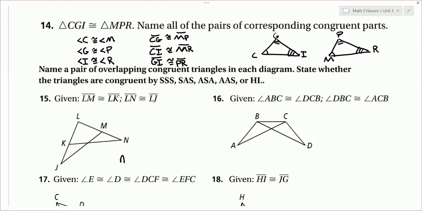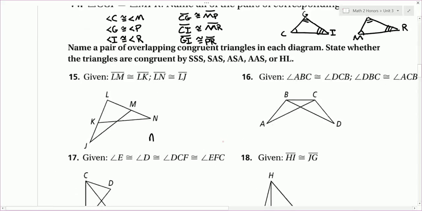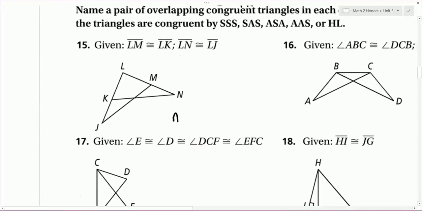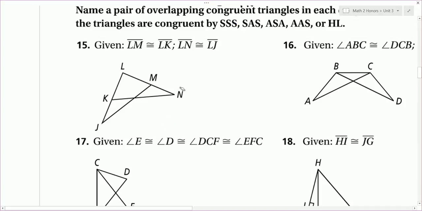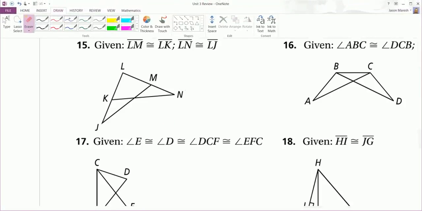Name a pair of overlapping congruent triangles in each diagram, and then state whether the triangles are congruent by side-side-side, side-angle-side, angle-side-angle, angle-angle-side, or hypotenuse-leg. So in 15, when you have overlapping triangles, you want to separate them.